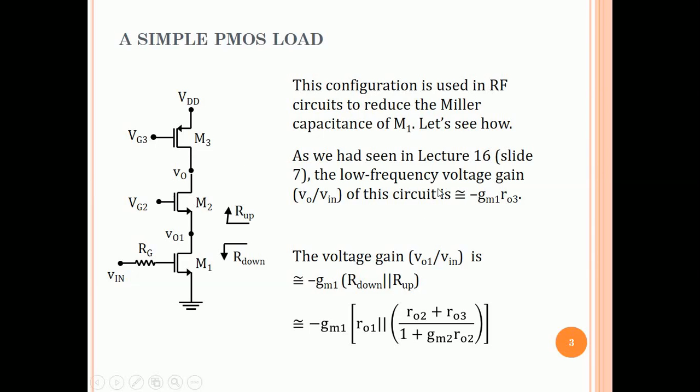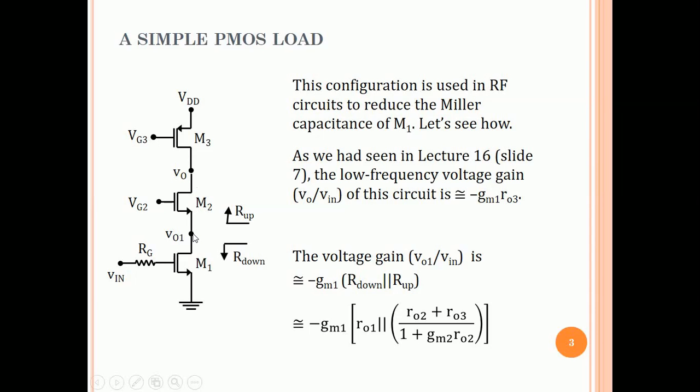When we had studied this, we had said that this gain is the same as the common source amplifier, so it doesn't make sense as a high gain amplifier. But now let us look at the frequency response of this circuit. The gain from Vin to VO1 is minus GM1 into the resistance at this node, approximately.